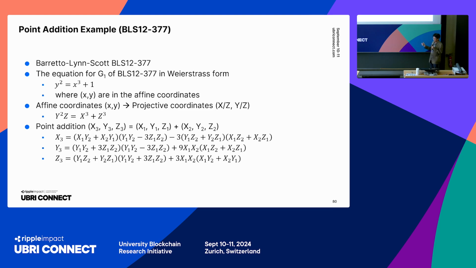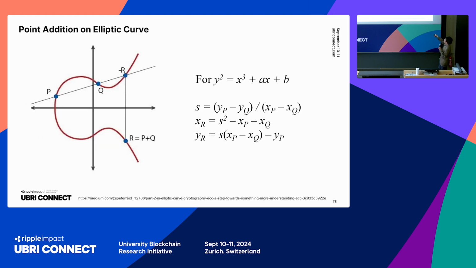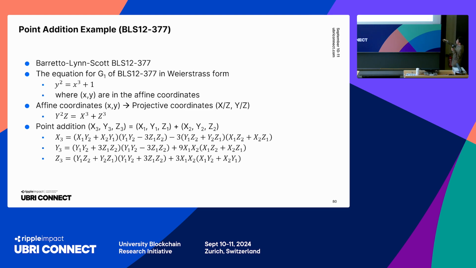So this is one example on the BLS12 curve. And this is what we actually do. Compared to this equation, instead of a division operator, we can see that the division operation is completely removed from these equations.